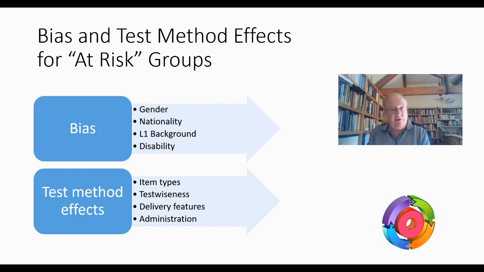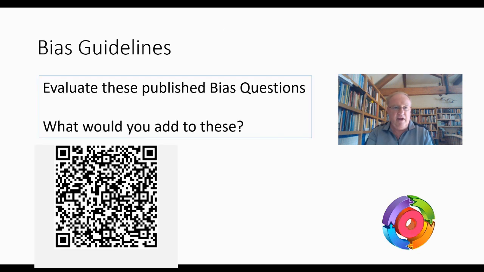And again, we've seen this particular diagram before, so I'm not going to dwell on it. But this is particularly important in item review. Now, again, we have guidelines that we can use. The kinds of questions in this case that we ask in order to decide whether or not there's any bias in an item.